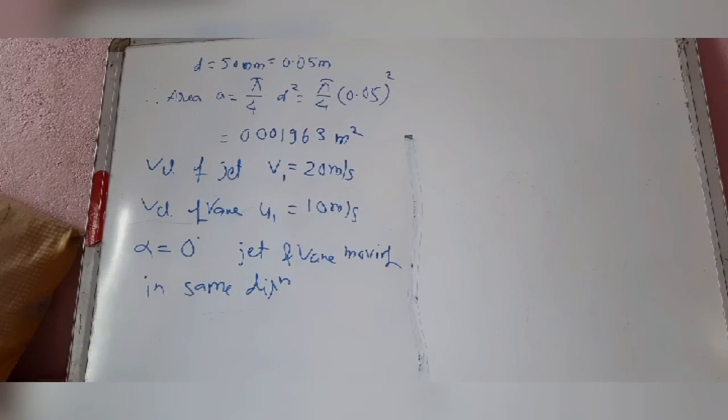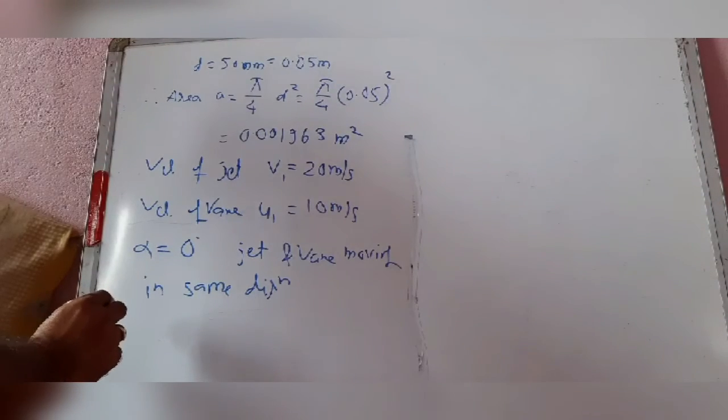The angle made by the leaving jet with the direction of motion is 60 degree.